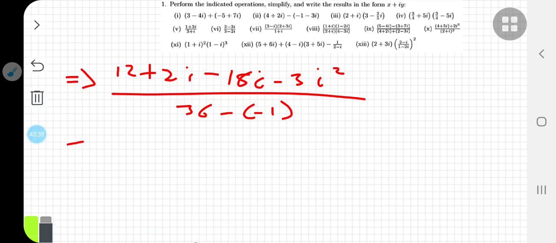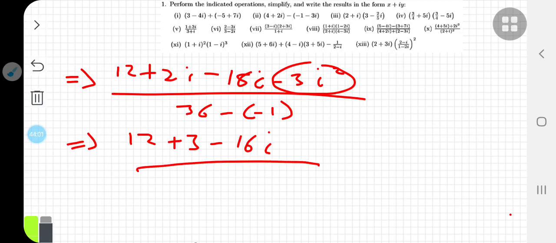From here now, so it's going to be 12 plus 3 from that part. Then here is saying that 2i minus 18i. So that will just give me negative 16i there. I divide this part. It's going to be 36 plus 1.